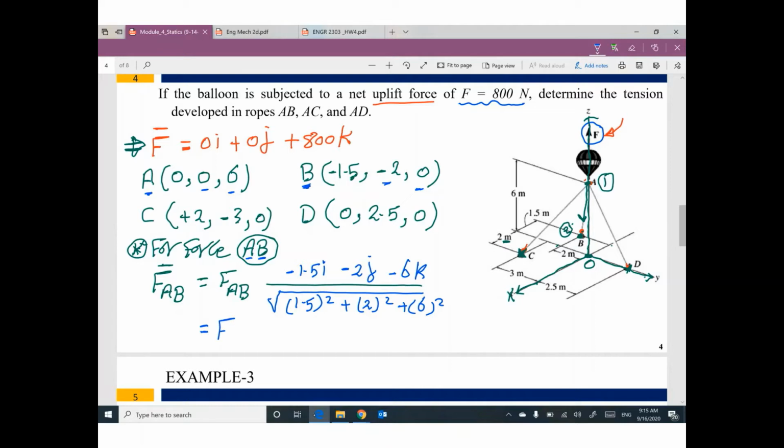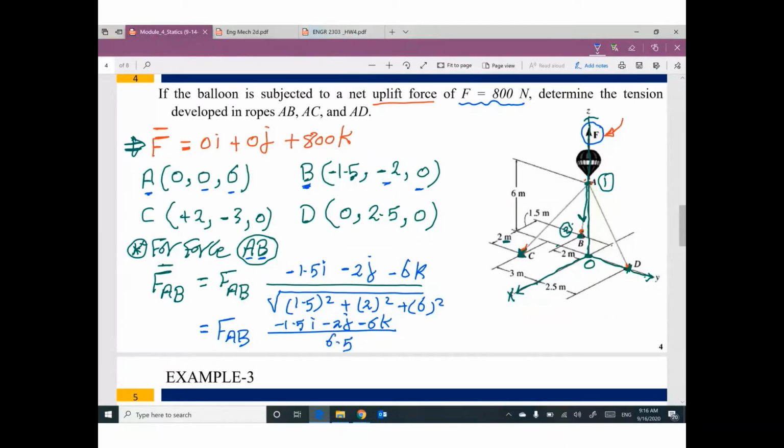FAB, this one negative 1.5i, negative 2j, negative 6k, divided by, what is the value of this number? 1.5 squared plus 2 squared plus 6 squared, all of them under a square root. It will be 6.5.